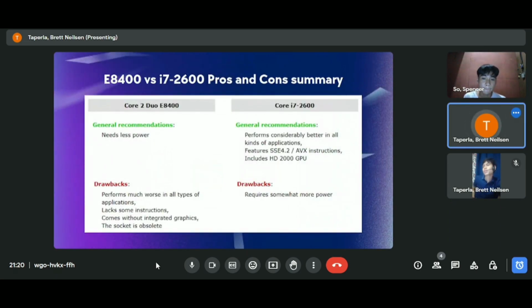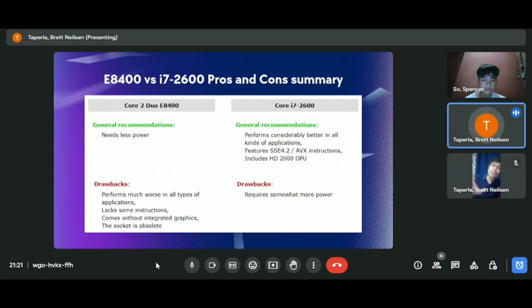So the pros and cons, it is a summary from the Core 2 Duo E8400 and Core i7 2600. For the Core 2 Duo, it needs just less power compared to the i7. While the i7 performs better in all kinds of applications because, as I mentioned earlier, those are the specifications. The features of the Core i7 are SSE 4.2 or AVX instructions, and it includes the HD 2000 graphical unit or GPU.